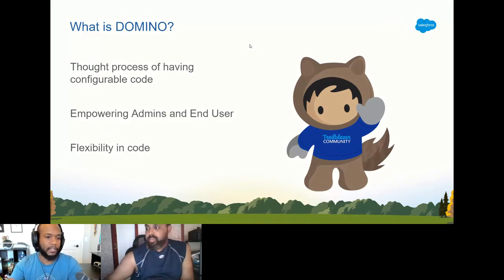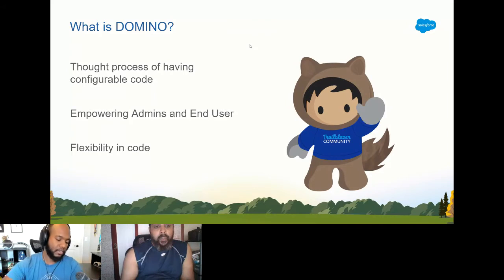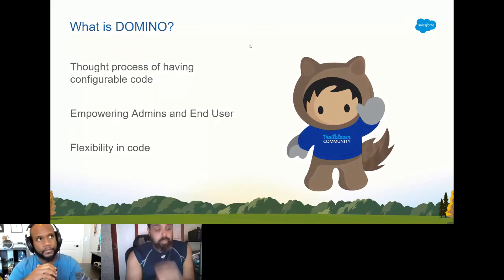So the idea behind Domino is to predict some of those changes and make your code configurable so that you don't have to go back into the code, make your updates, do your test classes, and all of those things to get back through the longer development cycle.